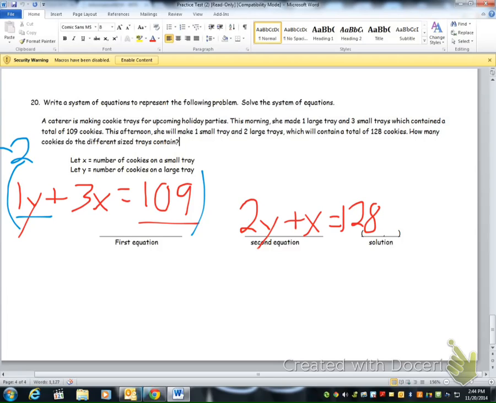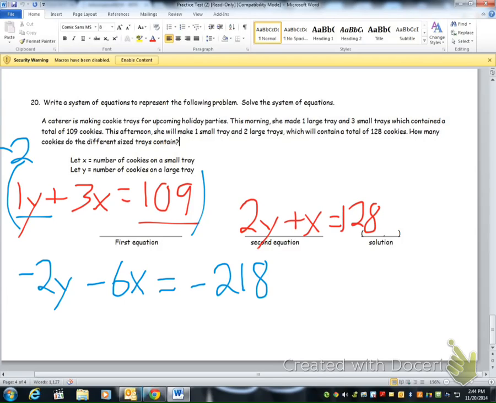Remember, the nice thing about equations is as long as you do the same thing to both sides, then it's always going to be fine. Alright, so this will give me negative 2y minus 6x equals negative 218.